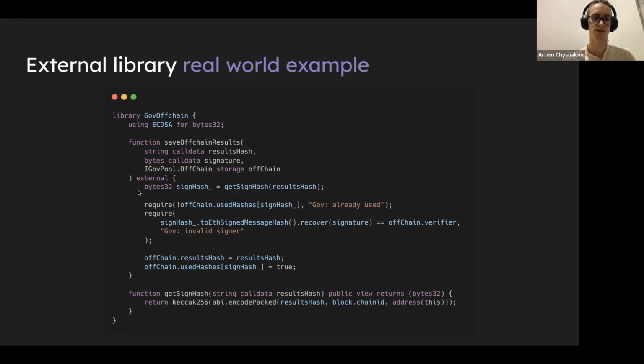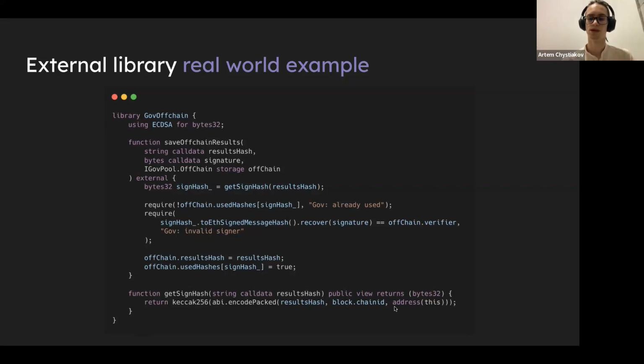So what happens here is that inside the library contract, I am calling the getSignHash function. It is declared right here, which is public. And through the ABI encoding, I just hash the results hash by appending to it the chain ID and address this.